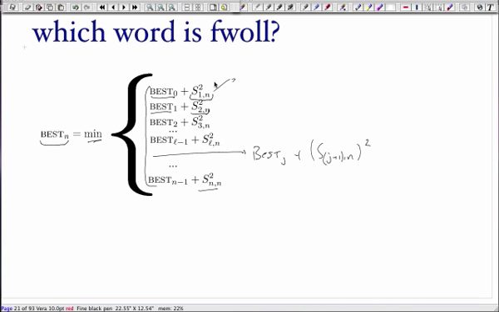The best way to typeset 0 words is going to cost you... I guess we can just define best 0 as 0. I've worked out an example, and I hope that going through that example will clarify some of this as well. But this is the conceptual aspect of this problem.